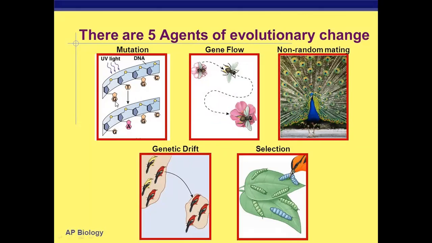Here we have guanine, thymine, guanine, cytosine, shown changing due to ultraviolet light. You can see UV light here. There are different mutagenic agents. Some are physical agents, some are chemical agents. Physical agents are like alpha rays, beta rays, gamma rays.